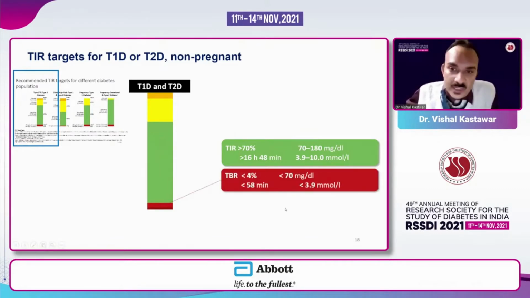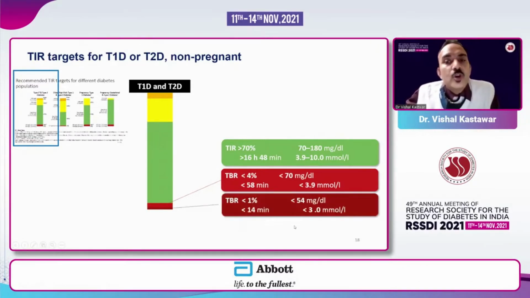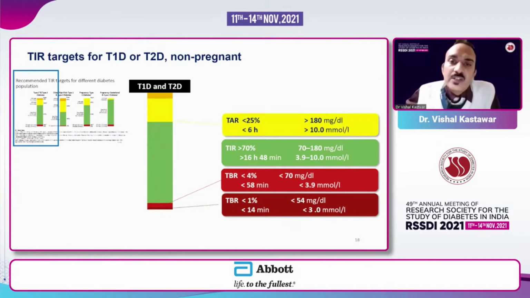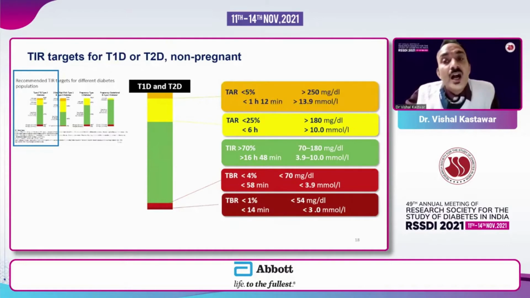Time below range of level 1, that is between 54 to 70 milligram per deciliter, should be less than 4%, and time below range of less than 54 milligram per deciliter, level 2, should be less than 1%. Similar is the recommendation for time above range. Between 180 to 250 milligram per deciliter, it should be less than 25% for a non-pregnant adult type 1 or type 2 diabetic. And above 250 milligram per deciliter should be reduced to below 5%.